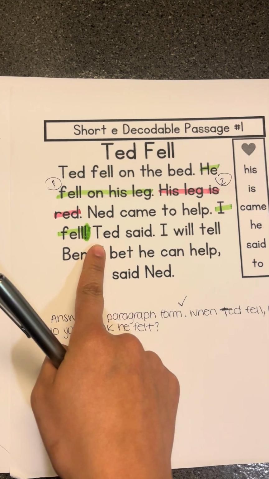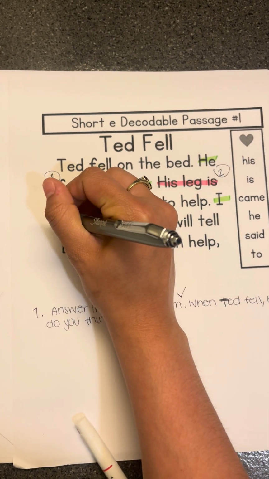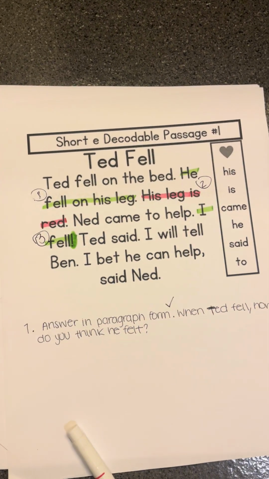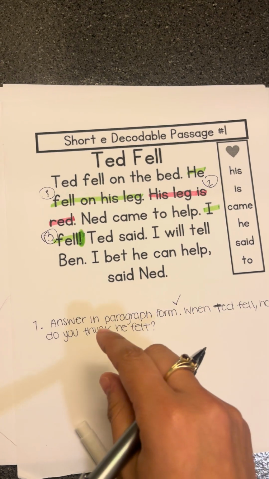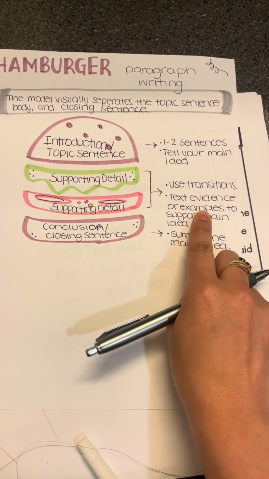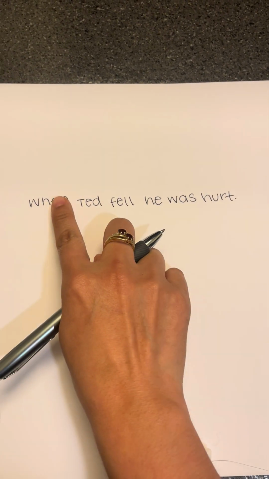But in this case, he would be yelling or screaming because he is hurt. All right, so I have 3 different pieces of text evidence or examples that support my main sentence. When Ted fell, he felt hurt.